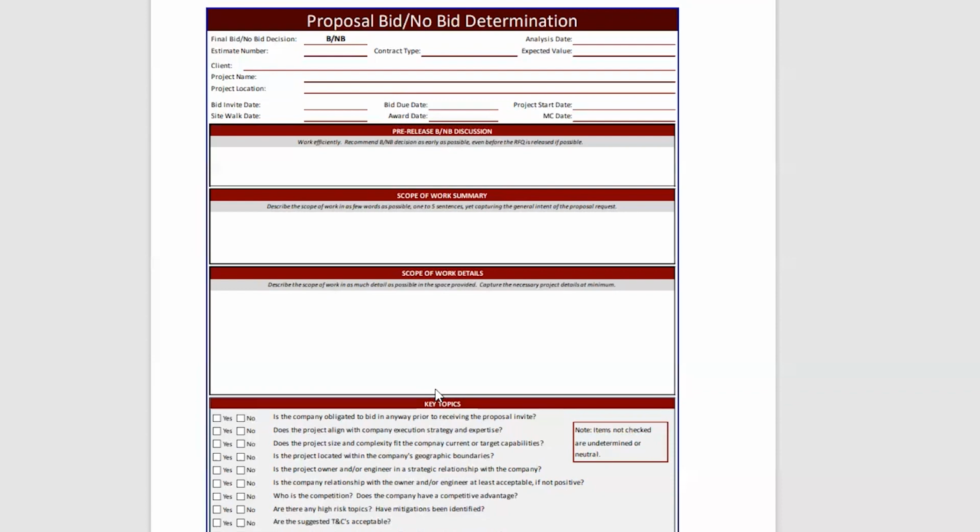So there's generic items here of who is it, what's the project name, what date, what's the value, what's the contract type, and then we would write in some of the key details of what the project was supposed to contain here.